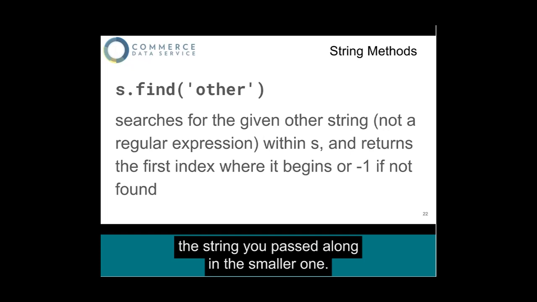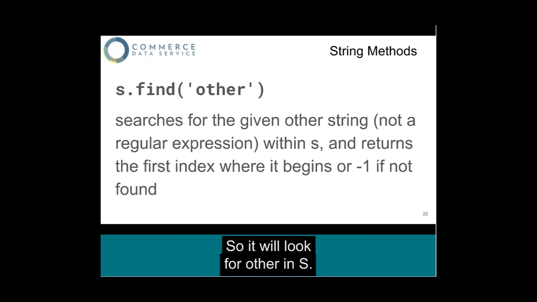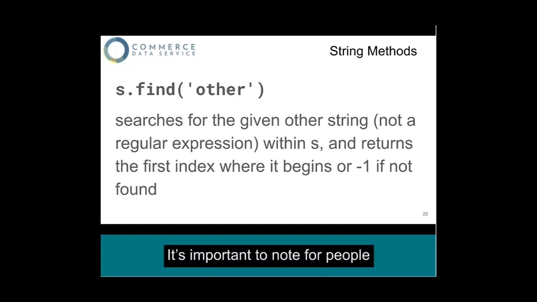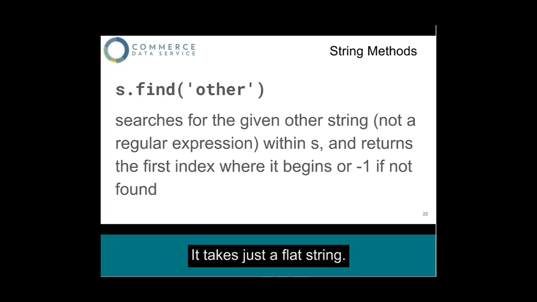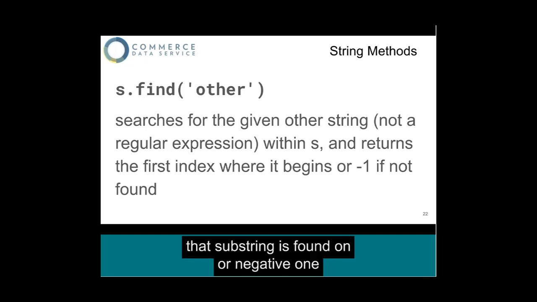So it will look for other in s. It's important to note for people who are familiar with regular expressions, this command does not take regular expressions. It takes just a flat string. What you will get back from this method is the index of the first character that the substring is found on, or -1 if it does not find it.